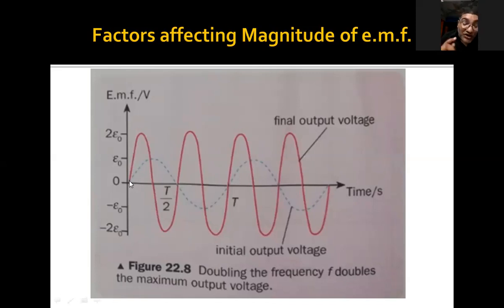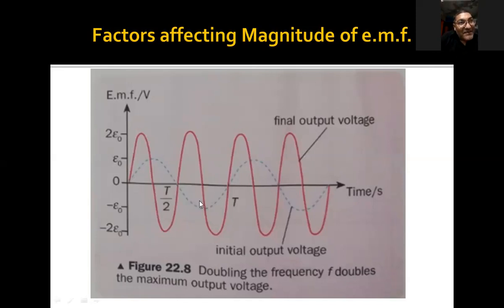When you double the frequency of rotation of the coil, the EMF induced in the AC generator will also become double. That is shown here by the amplitude of this red graph. You can see the time period of that red graph is half the time period of the previous case.